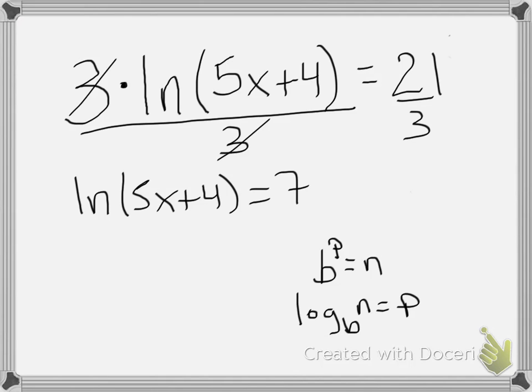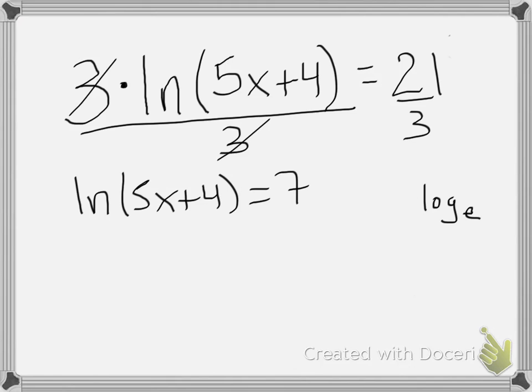All right, we have that fact. That's something that we can translate back and forth. And then finally we want to remember that ln really is log base e. So this is log base e of 5x plus 4 equals 7.